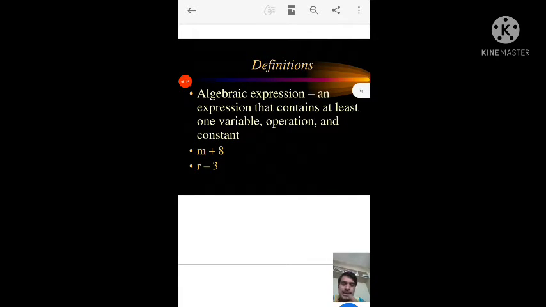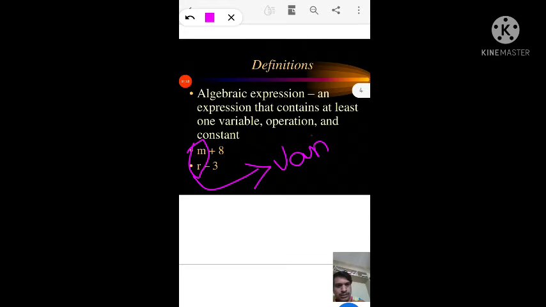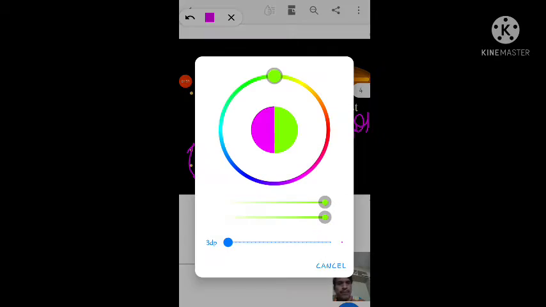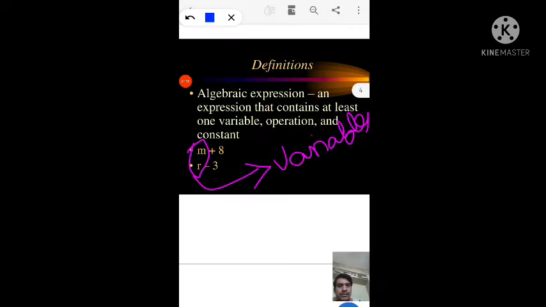Yes, ma'am, isn't it? So, here m and r are called variables. m, r are called variables, and this 8 and 3 are called constants.